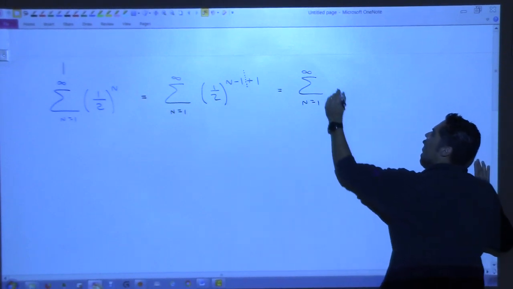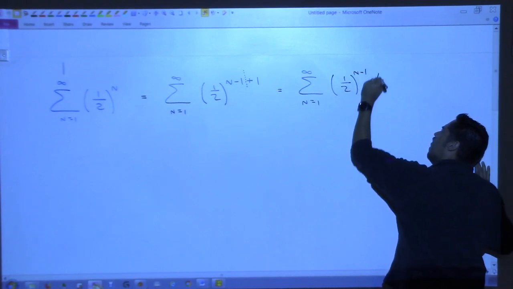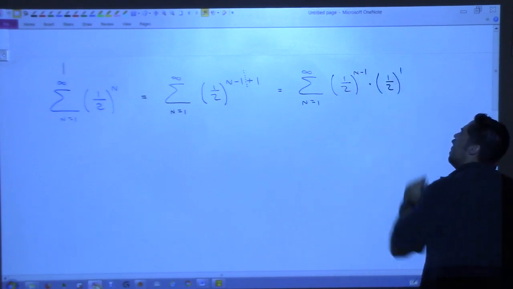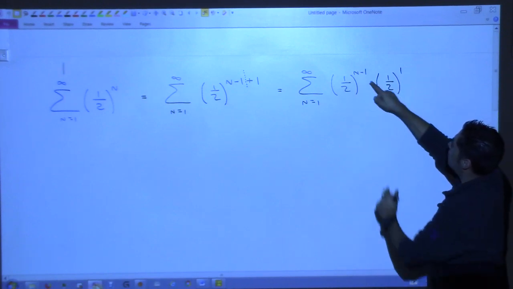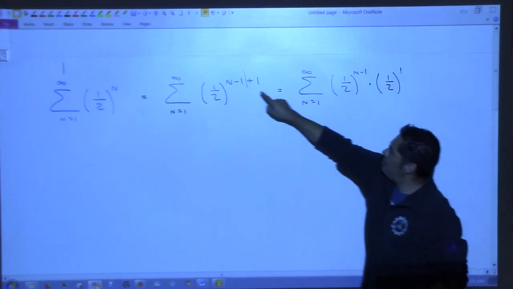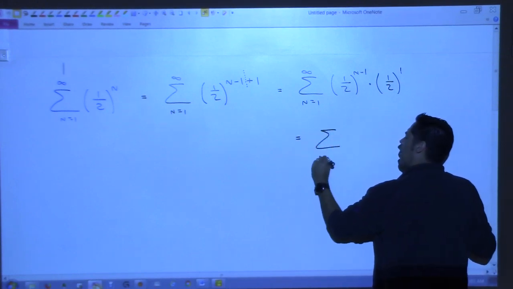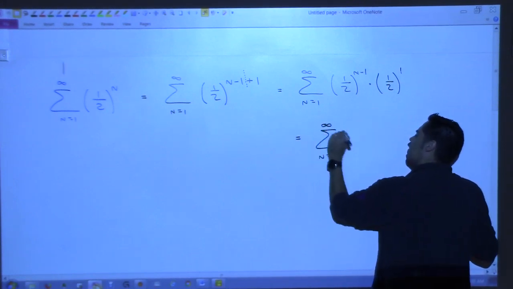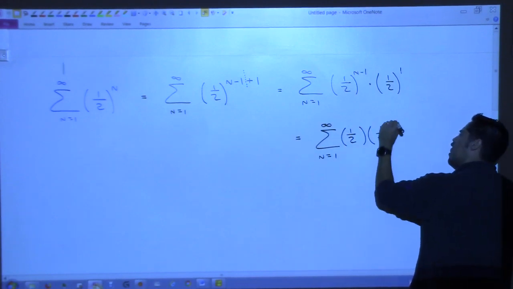I'm going to rewrite that as 1/2 to the n minus 1, and then times 1/2 to the 1, right? Because that would be same base, different exponents, multiply together, you add these, right? So I'm going to rewrite that as 1/2 out front, then 1/2 to the n minus 1.